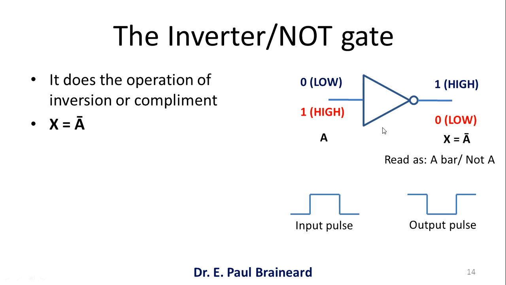If the input is at logic low, output is logic high. If the input is at logic high, the output is logic low. The Boolean expression is output X equals A bar. If you give a positive going pulse at the input, you will get a negative going pulse at the output.